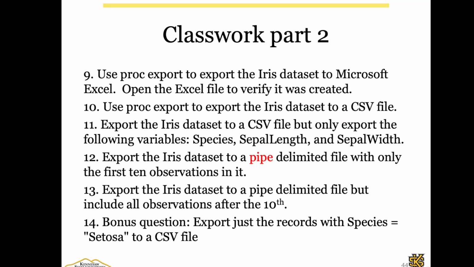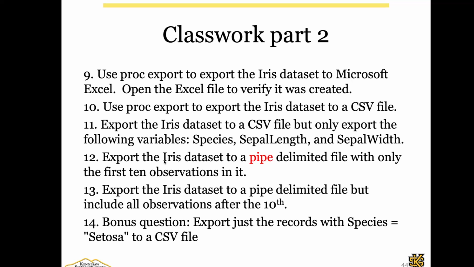So the first one, we would like to use the proc export to export the iris datasets that we already have in our class library to Microsoft Excel. Also make sure that the Excel is created well. Then we are going to use proc export to export the data into the CSV file, and then the text file, but with just these 3 variables: species, sepal length, and sepal width.